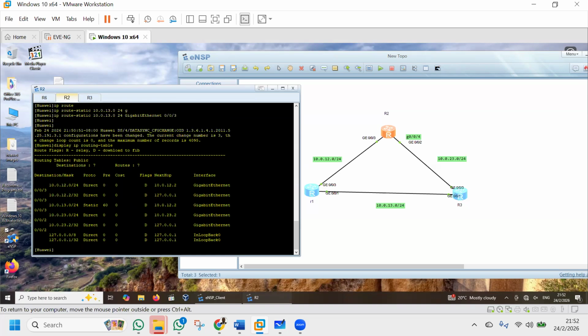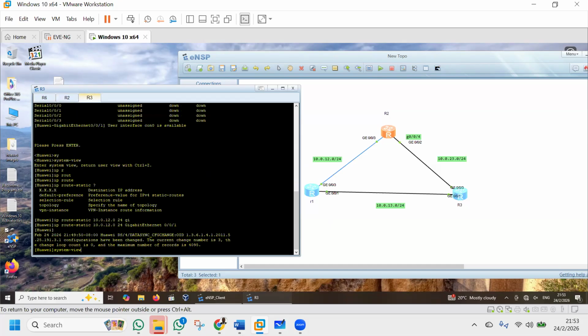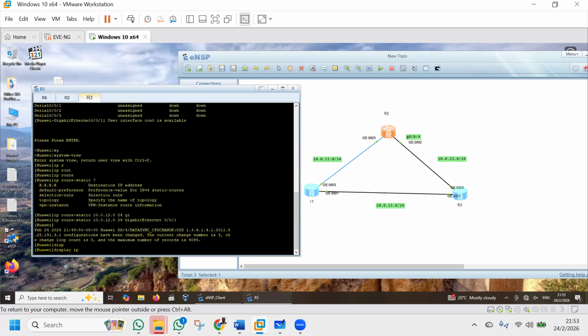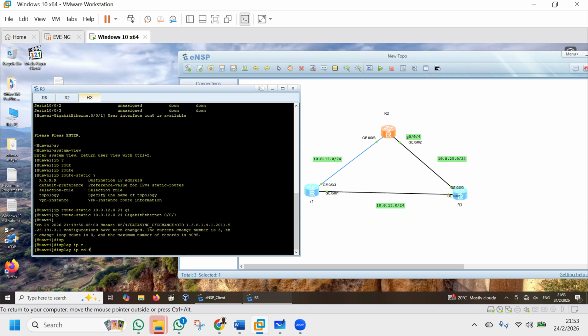Right. Going to router 2, the network known on router 2 is this 13.0. It's there. The same when I go to router 3. Display IP routing table.